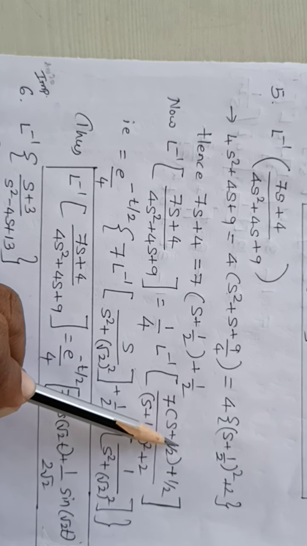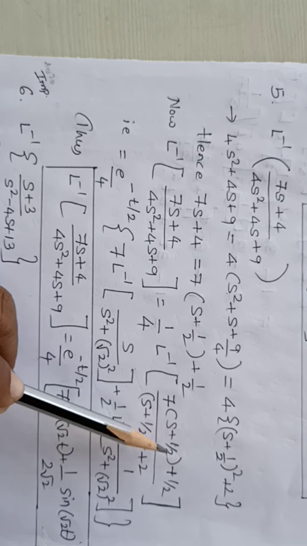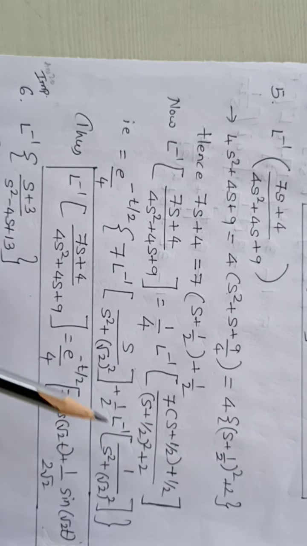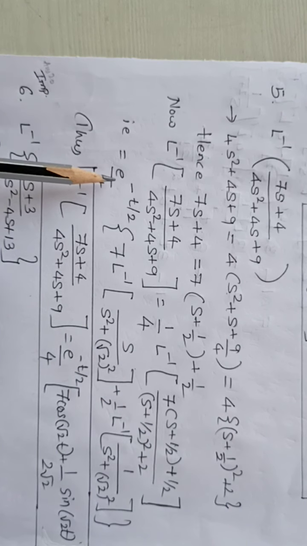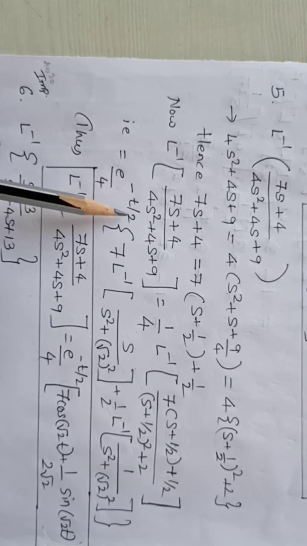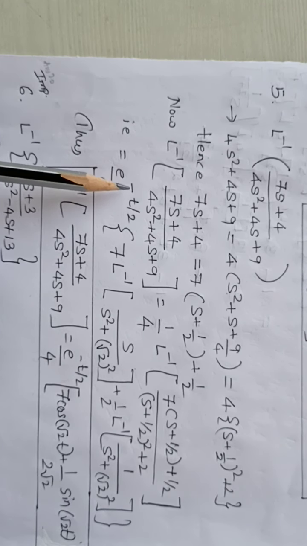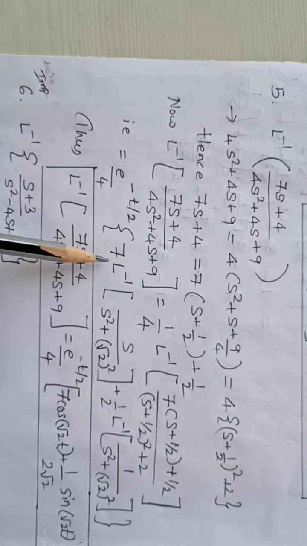If it is minus, then definitely a is equal to 1 by 2. Here a is equal to minus 1 by 2, e raised to at. A is half, means e raised to minus t by 2, and 4 already it is there.